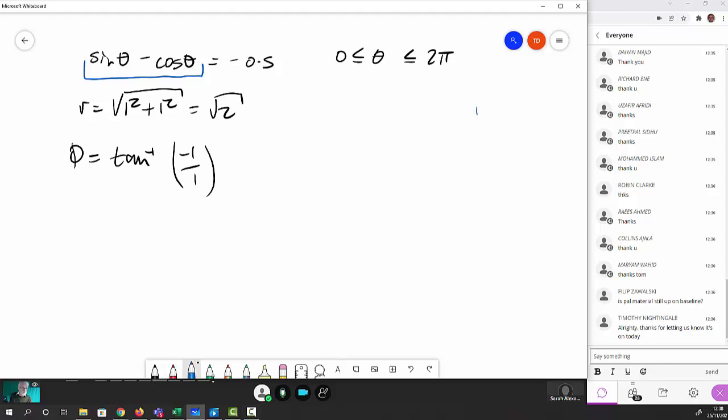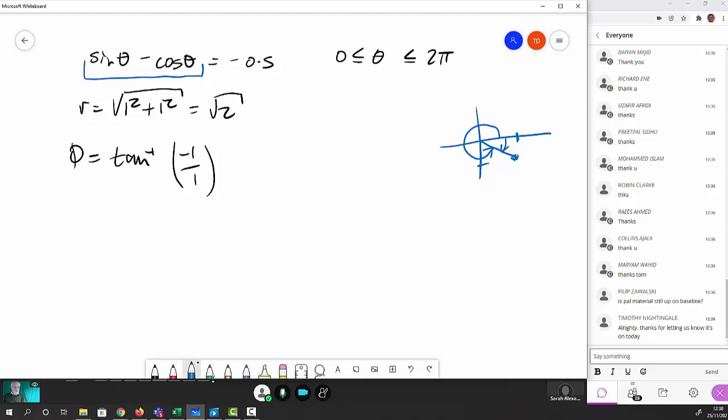Minus 1 in the y is there, and 1 in the x is there. So the angle is either going to be minus 45 degrees or plus 315. So either that angle is a negative angle or that angle is a positive angle, and they're both the same. It doesn't really matter which you use.